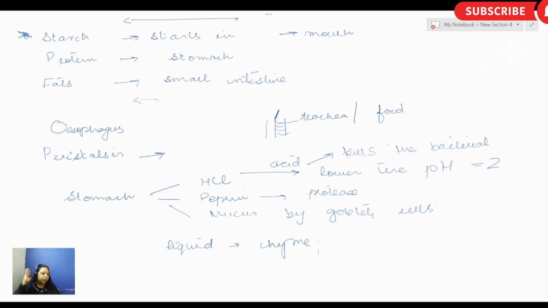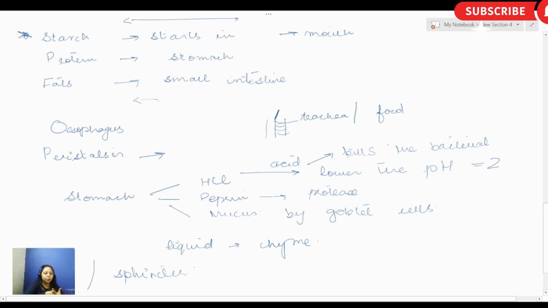Okay? But before discussing the small intestine, I want to mention a very important structure which we missed. That is the sphincter. What is a sphincter? When food moves from one part to another part, there is a mass of muscles that get closed, so there is no backward movement.